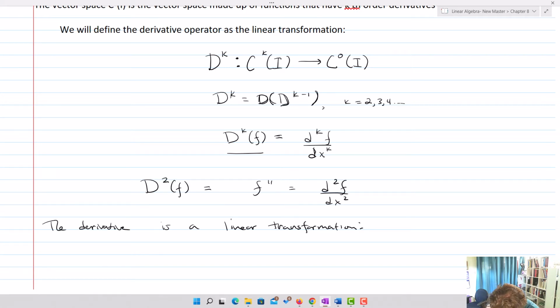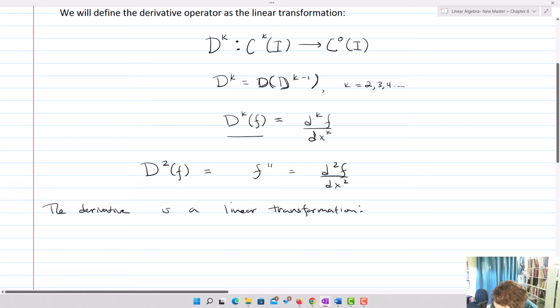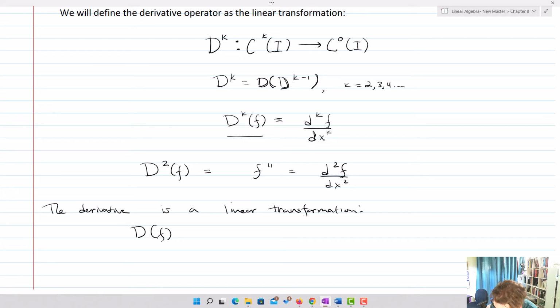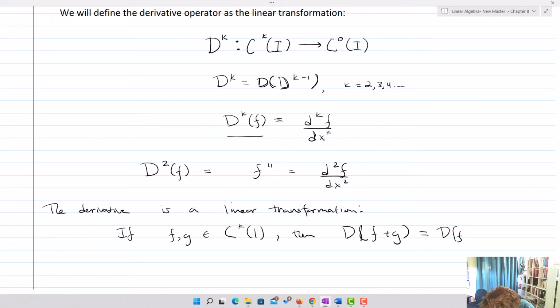So, what do we need to prove? We need to prove that if f and g belong to C^k(I), then the derivative of f plus g is going to equal the derivative of f plus the derivative of g.